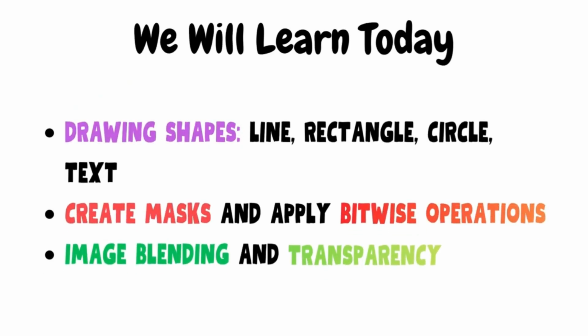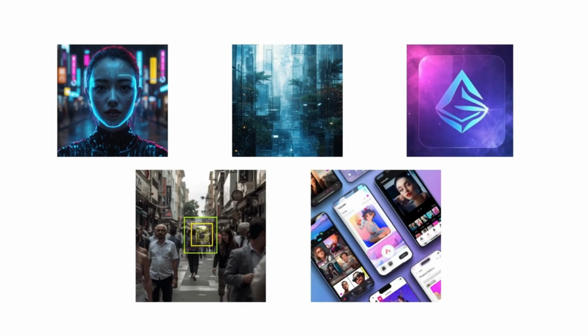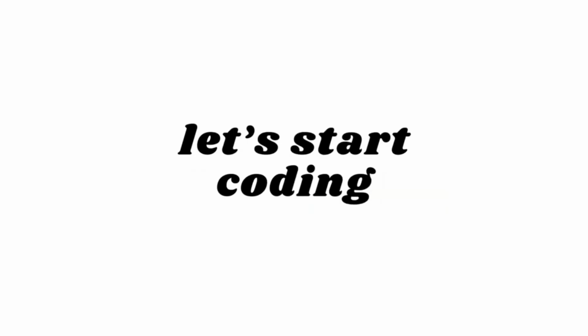We'll learn how to draw shapes directly on images, create masks, apply bitwise operations, and blend multiple images together. These techniques are used in face filters, augmented reality, logo overlays, object detection, and photo editing apps. So, open VS Code and let's start coding.